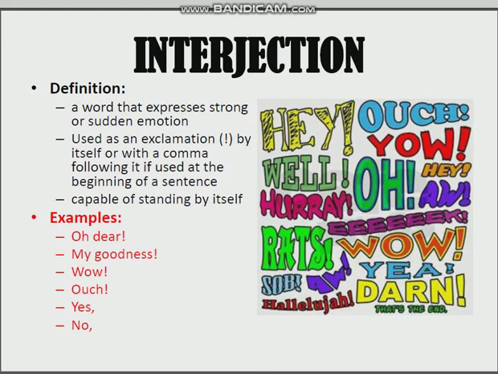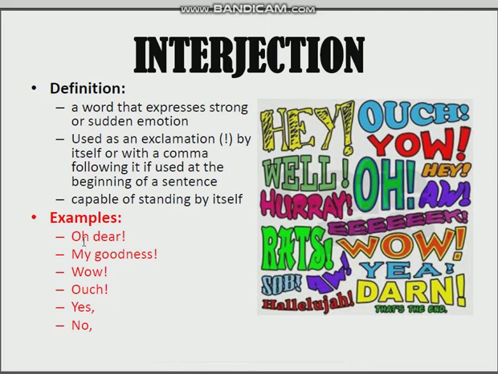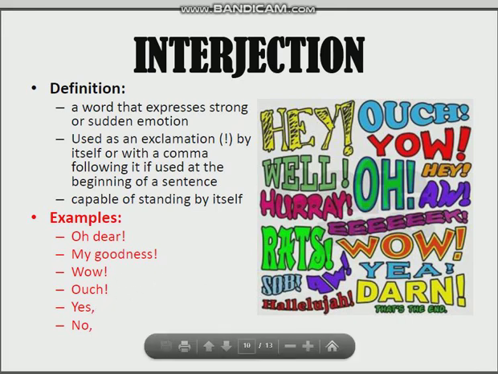If you are using these words, you can read out: hey, ouch, yo, well, hurry, oh, hey, how, ow, hurry, hats, rats, bow. These are all exclamatory words. They are called interjections. Okay, see the example. Oh dear, this is an expression of feeling. So after dear there is an exclamatory mark. Now my goodness, here goodness expresses the feeling, emotion. That's why there is an exclamatory mark. Wow, ouch, yes, no, these are exclamatory words.